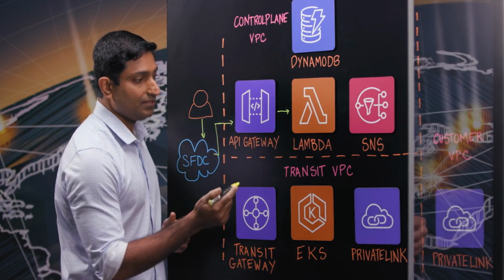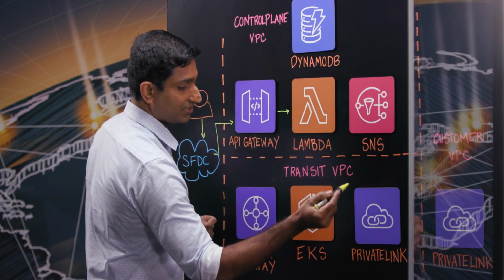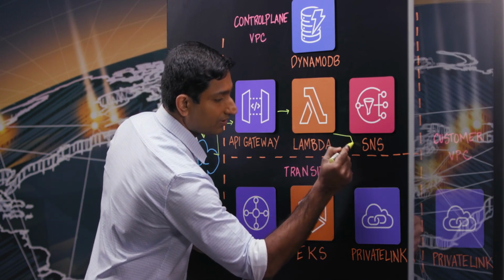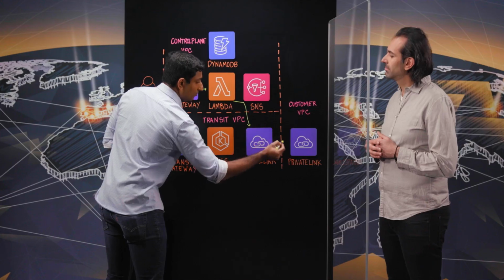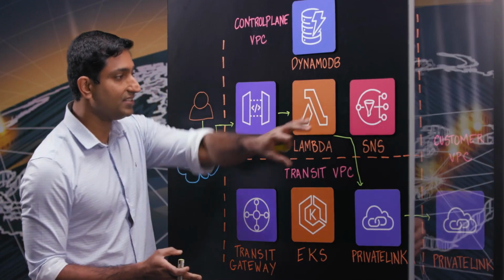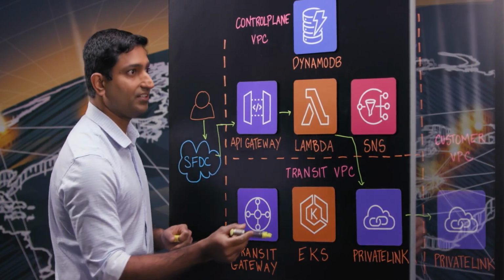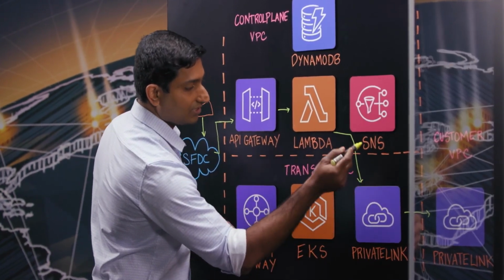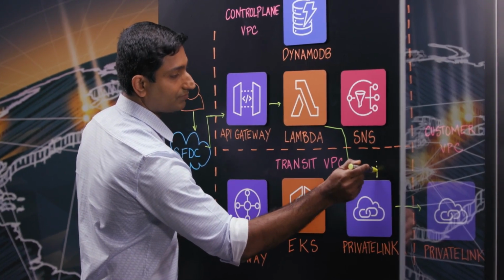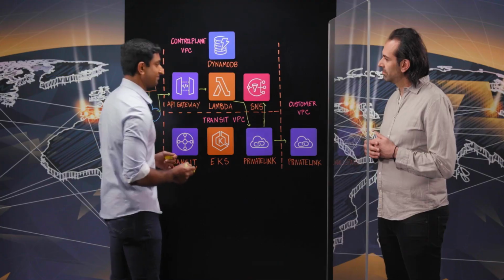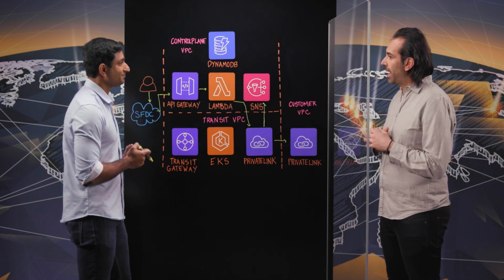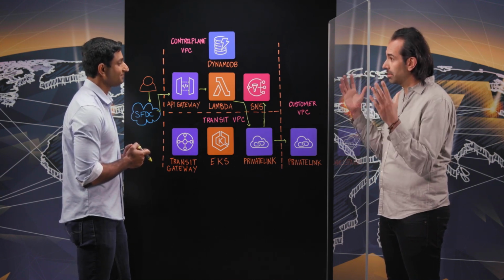The lambda here helps in setting up of private link connection between the transit VPC and the customer's private link service. There is SNS, as you see in the picture. This SNS gets a notification of any of the private link state changes. So I see you've used an API-driven serverless pattern here to be able to provision it, very scalable.